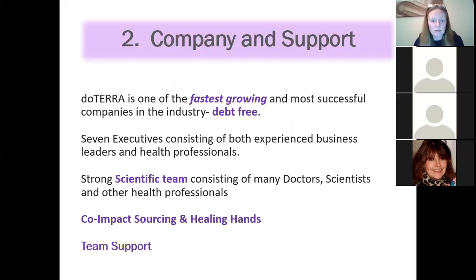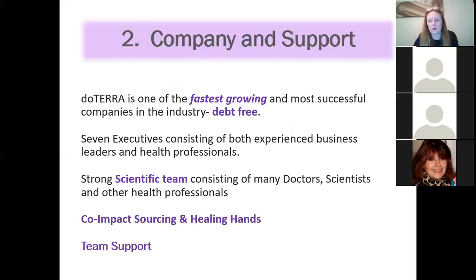So there's 7 executives who founded doTERRA, who are leading business people and leading health professionals as well. They have a strong scientific team which consists of doctors, scientists and other health professionals. So we know that everything that we are told and shown and experienced with the oils has gone through an awful lot of research and is testified by health professionals.